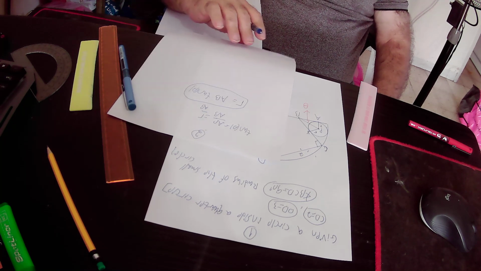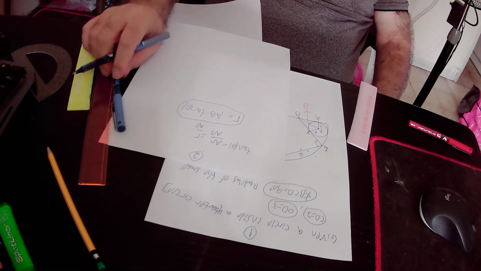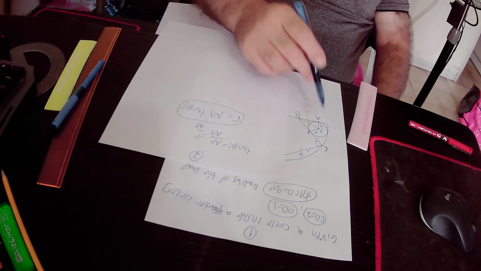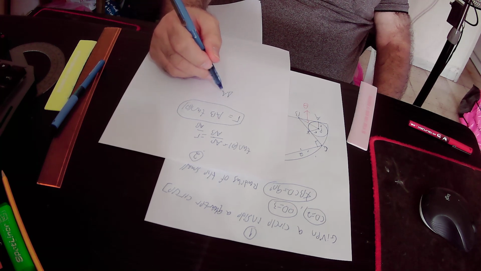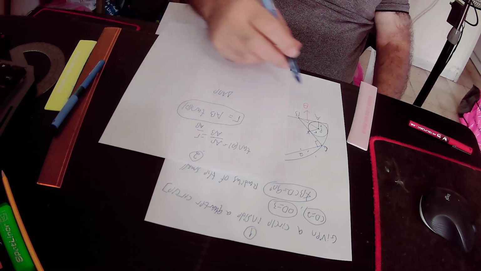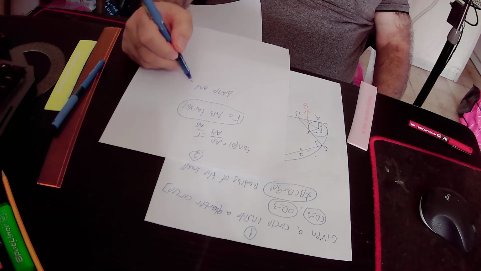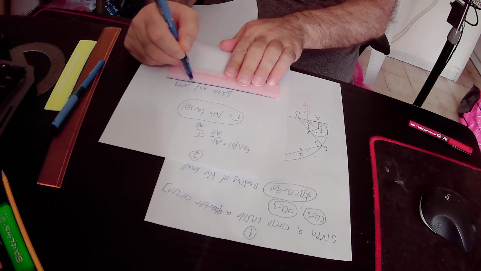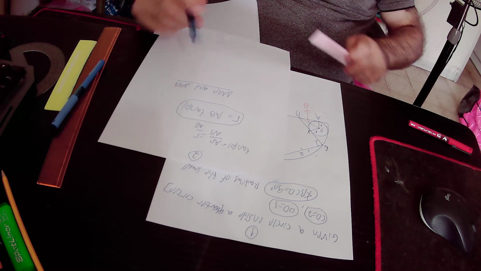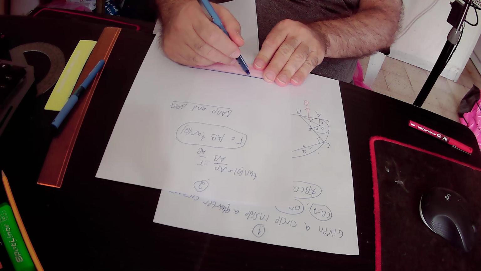Okay, so actually I will draw triangle ABP and the triangle PBX again. Here we will have triangle ABP.